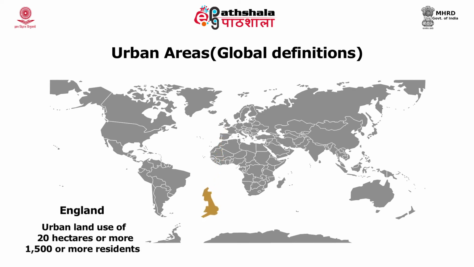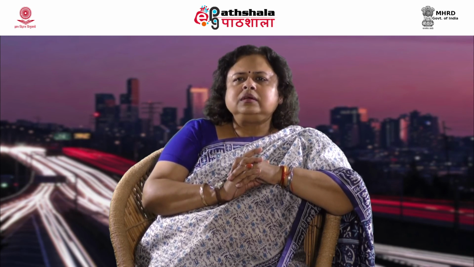The UK has said urban land use of 20 hectares or more, and also the population. So we see that predominantly population has been the factor which decides worldwide what would be an urban area. Now coming to the definition which India has given.